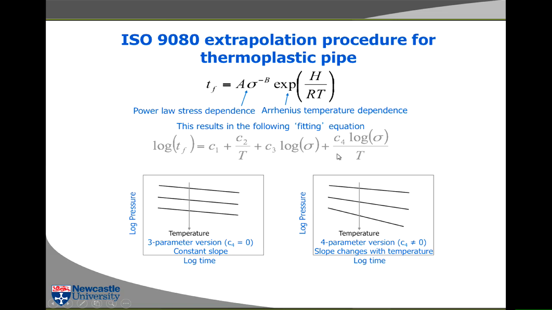Okay, so this is the term which is used to describe the change in the slope of the curve with changing temperature. So if you've got the left-hand side situation where the slope is all the same, that's called a 3-parameter model. So C4 is 0. If C4 is not 0, then it gives this description of the behavior.